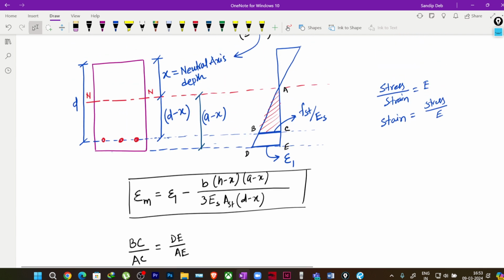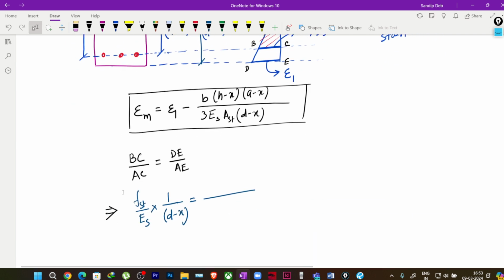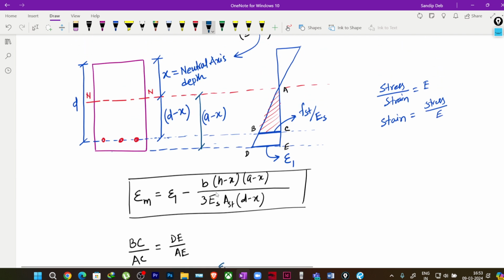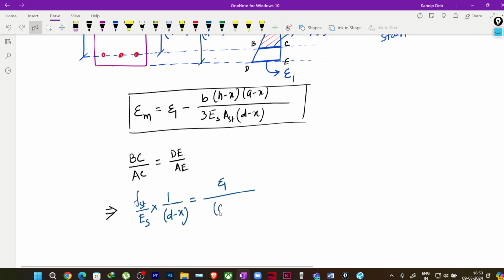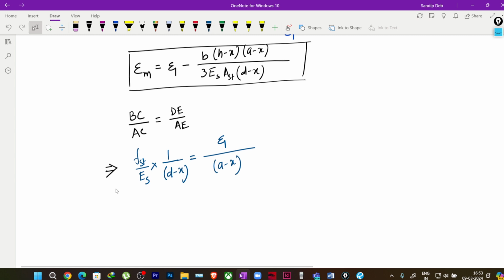What is DE? DE, if you see, it is epsilon 1, right? So epsilon 1 divided by AE. It is nothing but A minus X, correct?